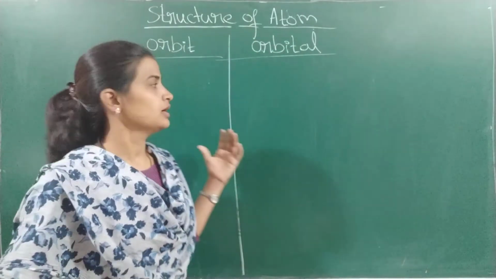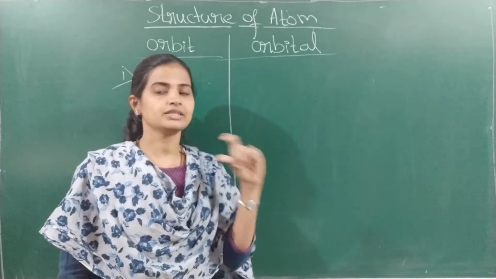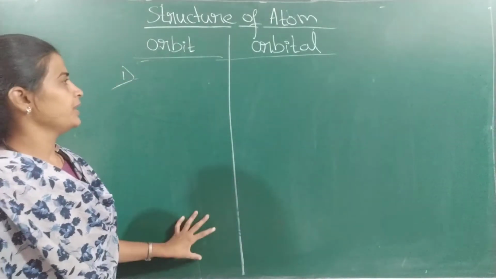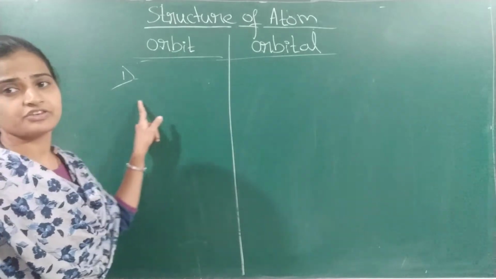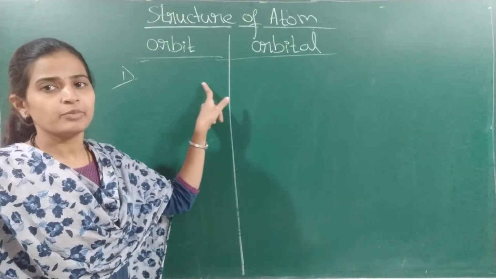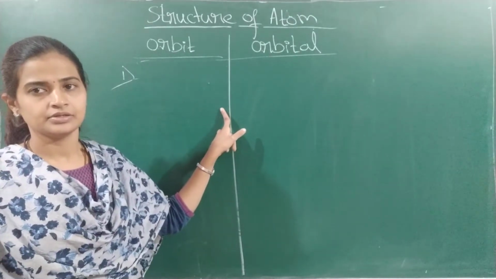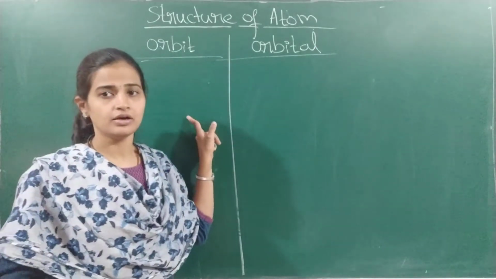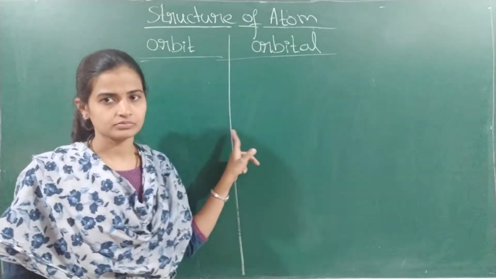Now let us write the differences between orbit and orbital. Write the side heading: difference between orbit and orbital. Make this table: orbit, orbital. First difference, write it down. Orbit is a two-dimensional circular path around the nucleus where the electron is revolving continuously.